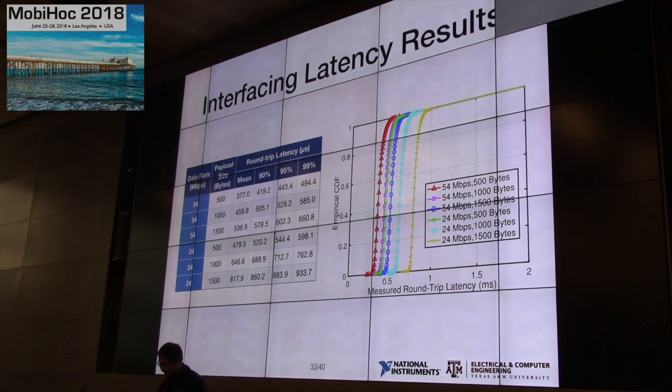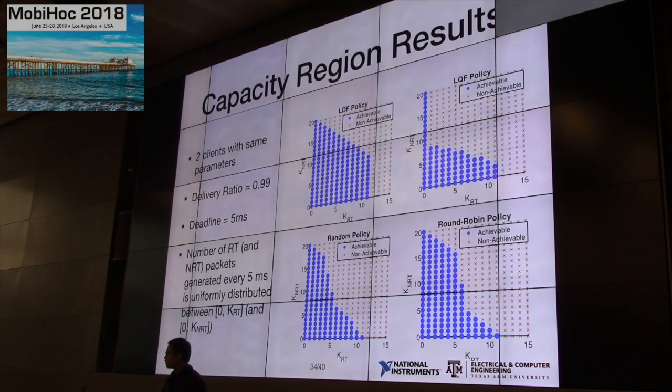And here, now that we have an idea of how the hardware-software performs, we can run a lot of experiments. And you see a lot of capacity region results in papers showing that some policy works better than others.